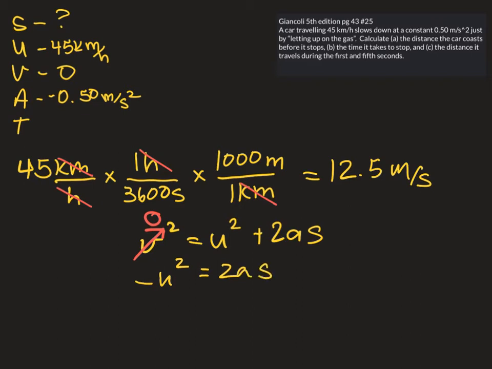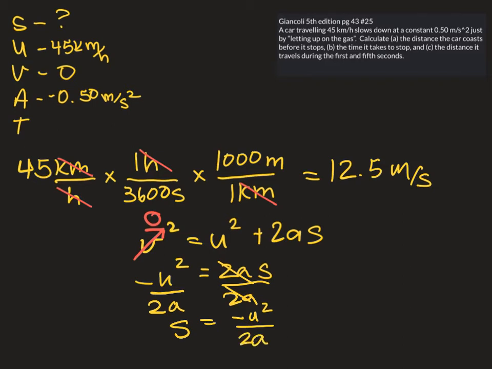Now if you take a look, these things are attached by multiplication. In order to undo the multiplication, I'm going to divide both sides by 2a. Remember, they're going to cancel out. That leaves me with s equals negative u squared over 2a.